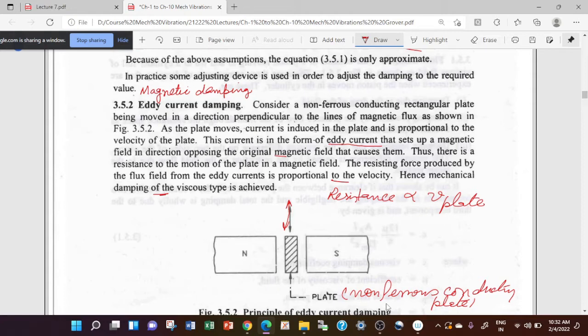This type of damping is used in vibrometers. These vibrometers are basically used to measure the amplitude of vibration. Besides that, it can also be used in vibration control systems.